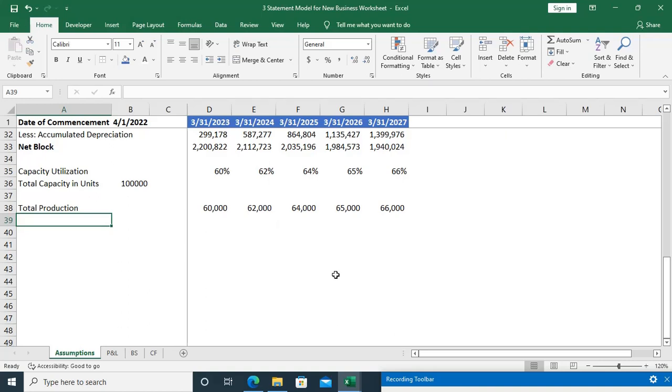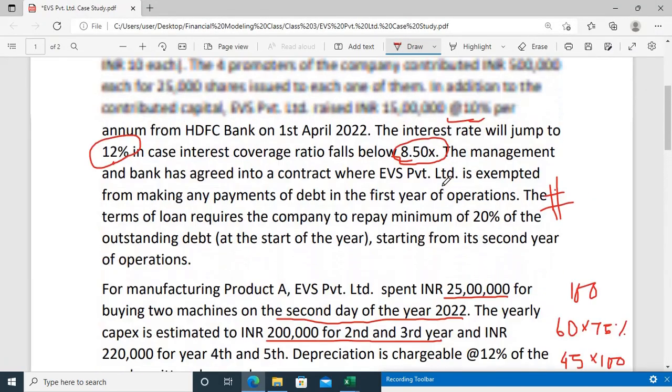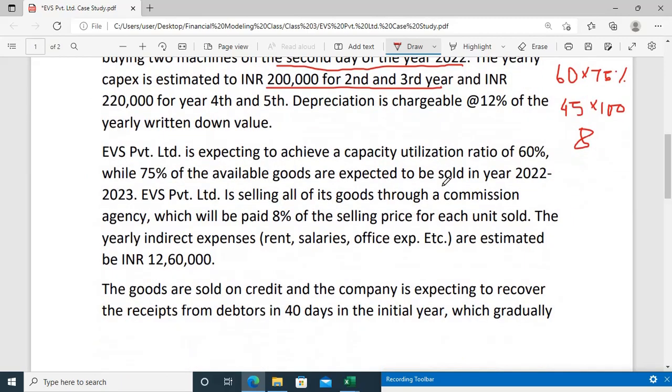Now the next thing, what is the next thing? Look at it. So production we have taken care of. Now, what is the next thing? While 75% of the available goods are expected to be sold in year 2022-23. So how much is supposed to get sold is 75%.